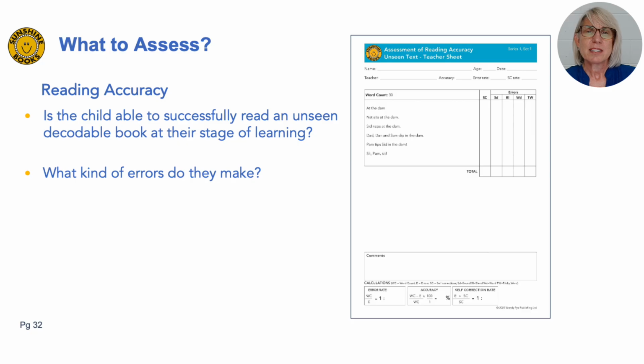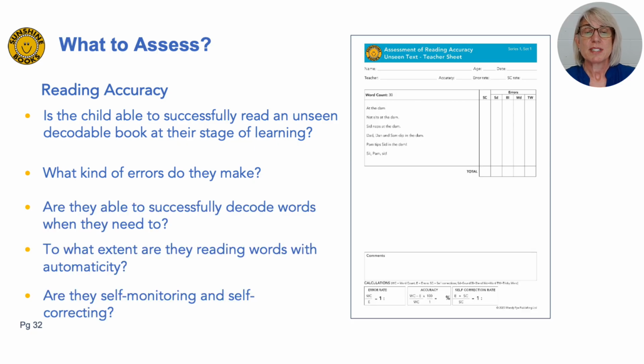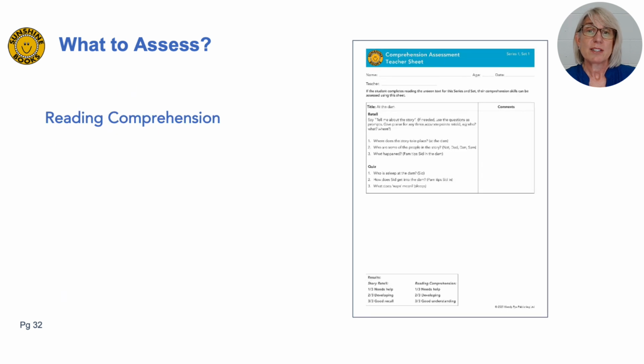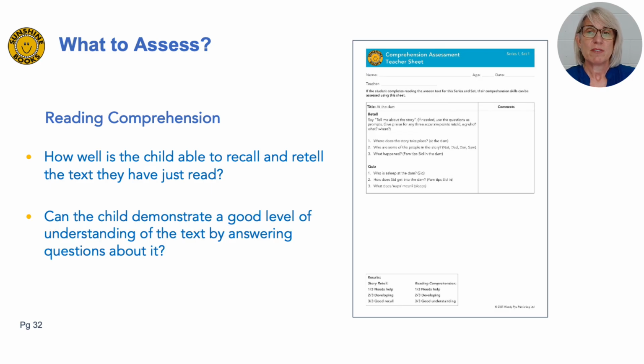We analyse the types of errors made, but instead of assessing whether they are using contextual cues, we are assessing their decoding ability, levels of automaticity, and whether the student is self-monitoring and self-correcting. We assess comprehension by asking students to recall, retell, and answer questions about the text they have read. This helps us determine their level of understanding.